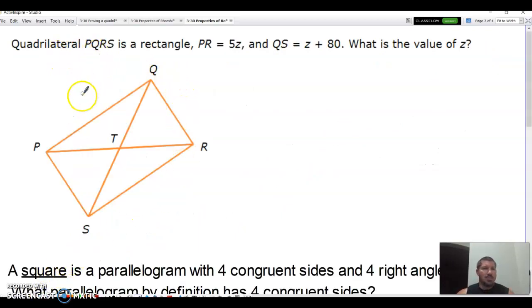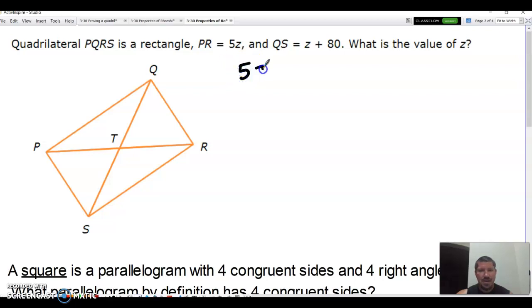Alright, so quadrilateral PQRS is a rectangle. PR, which is the whole diagonal, is 5Z, and QS, which is the whole diagonal, is Z plus 80. Well, we said on the last page that the diagonals in rectangles are congruent to each other.